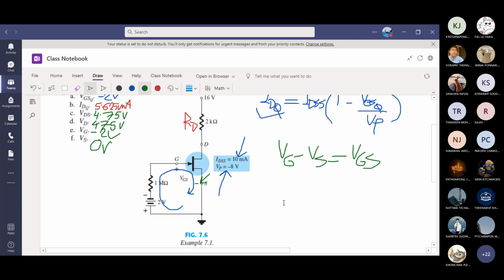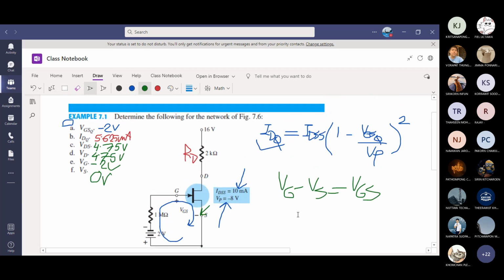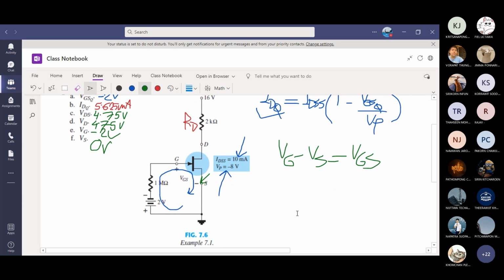We don't have any resistor on the source terminal. If there's a resistor, you can say VS is actually IDRS. I think you are trying to find IDRS, but there is no RS. I thought the 1 mega ohm is RS. No, that is the input RG. Sometimes you may have 1 mega ohm or you may not have anything.